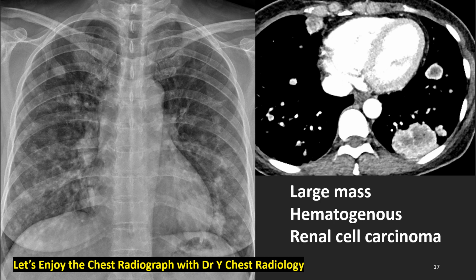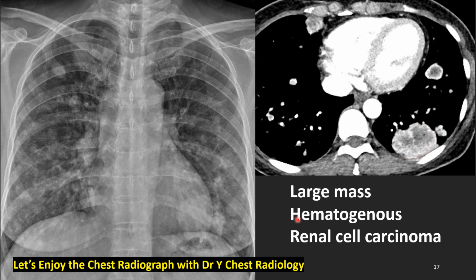How about this middle-aged woman? There are many bilateral, round, variable-sized nodules, hematogenous metastasis. How about this one? Large mass in the left lower lobe. Yes, a large mass in contrast-enhanced axial CT.